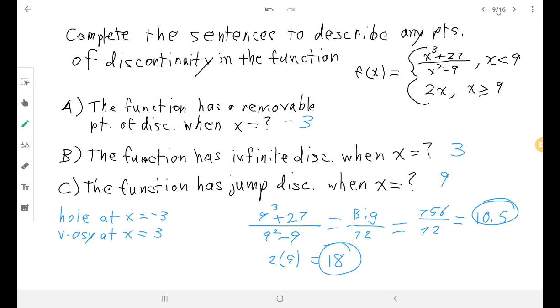So you can go into Desmos and look at these two graphs and see some of that. If you're looking at the x value of 9, you'll see that they don't intersect, they're at two different places in that moment.